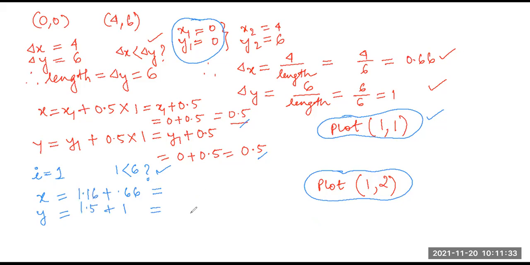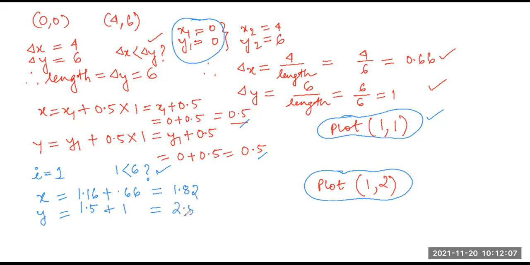So here it is 1.16, 1.5. So what will these two values come to? Tell me, what will this value come to? 1.82 and 2.5.